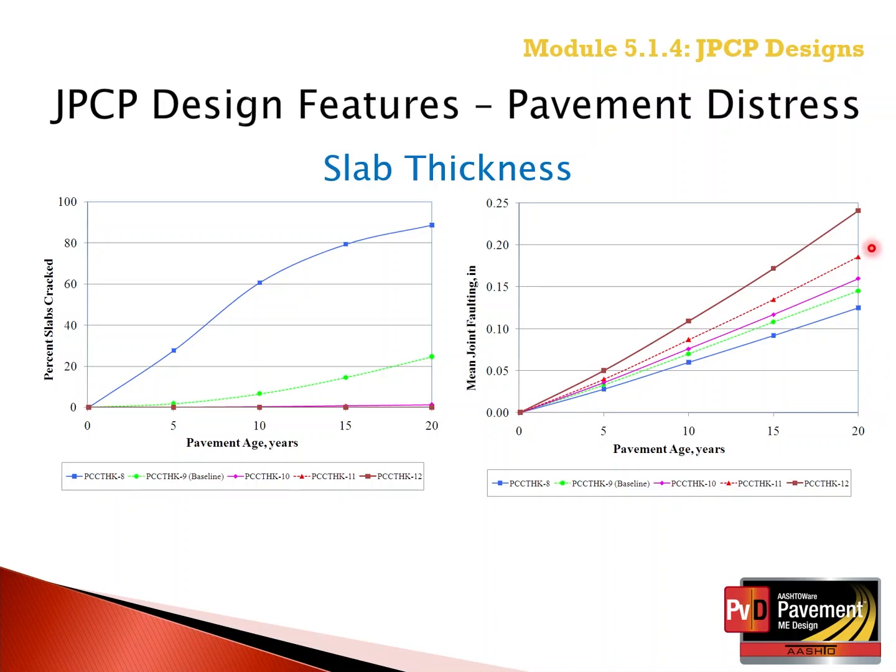So in some cases, faulting will increase if everything else is constant because the dowel diameter is relatively small for the PCC slab thickness, and so in some cases the bearing stresses between the dowel and concrete mean we have an inappropriate size dowel, and when that condition occurs, faulting will increase.